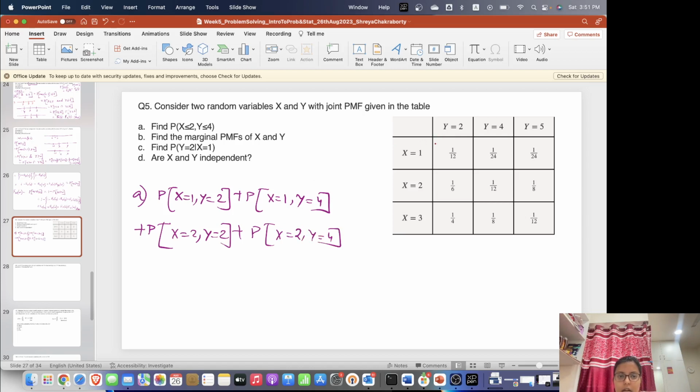So this will be x1 y2 is 1 by 12, plus x1 y4 is 1 by 24, x2 y2 is 1 by 6, again x2 y4 is 1 by 12. How much is it coming?